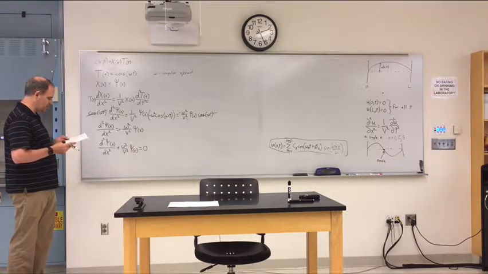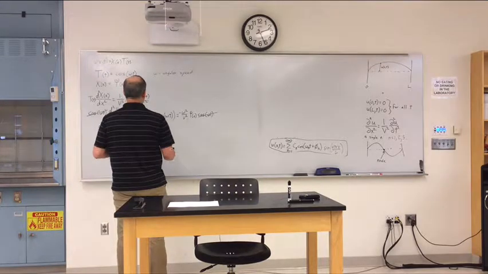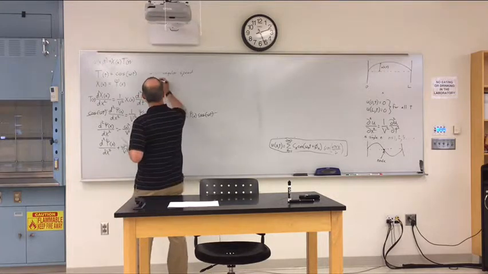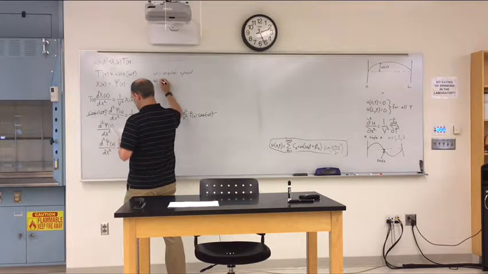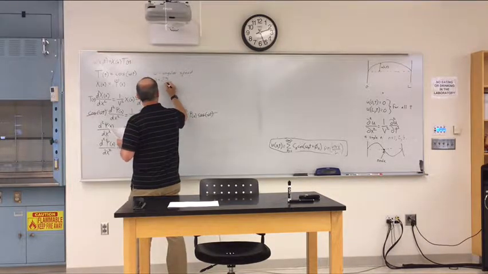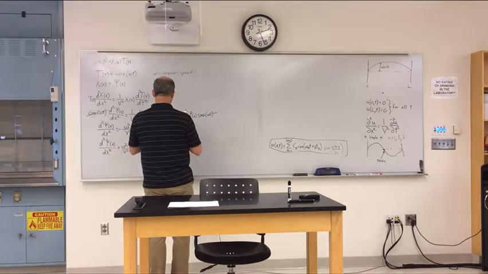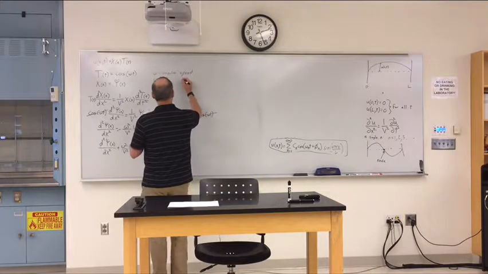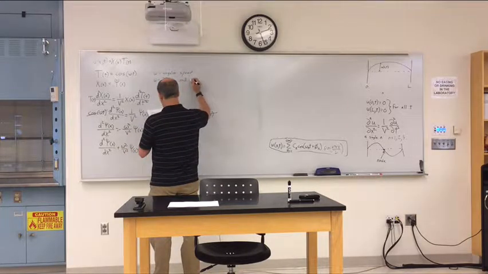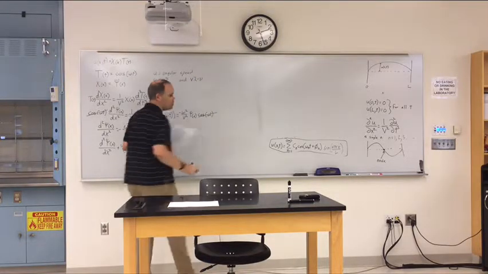Okay, now omega, we said, is the angular speed. Angular speed is equal to 2 pi times the frequency. And the velocity is equal to your frequency times your wavelength.